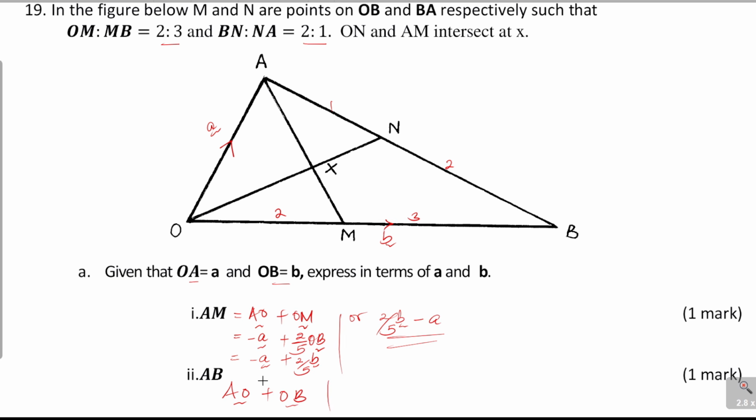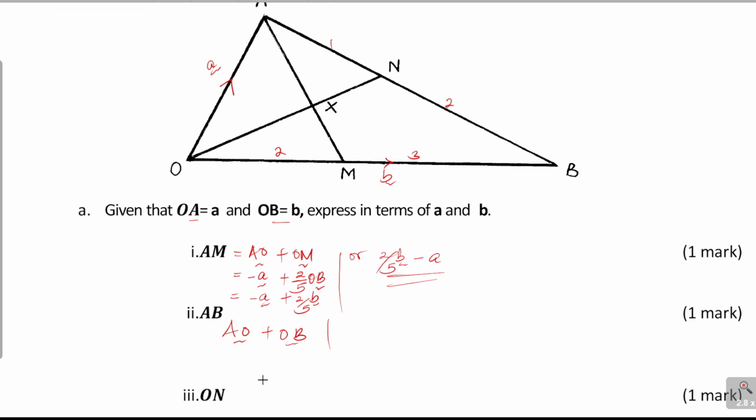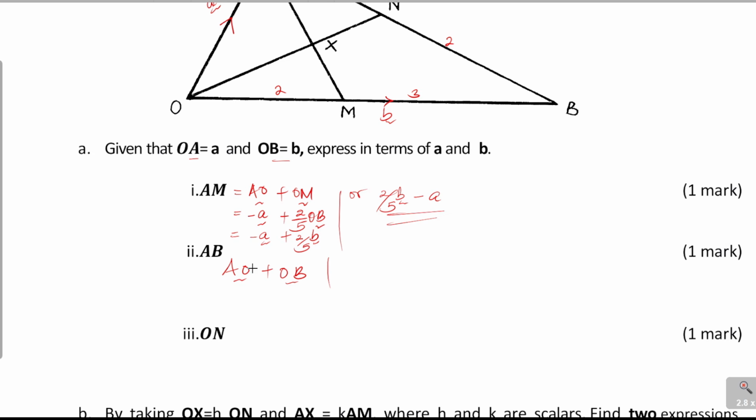So what is AO? Again, we had indicated earlier on that AO will be negative A. We don't need to repeat that. So that is negative A plus OB, which is B. So you can write this as negative A plus B, which can also be expressed as B subtract A. So that is how you're supposed to do that.